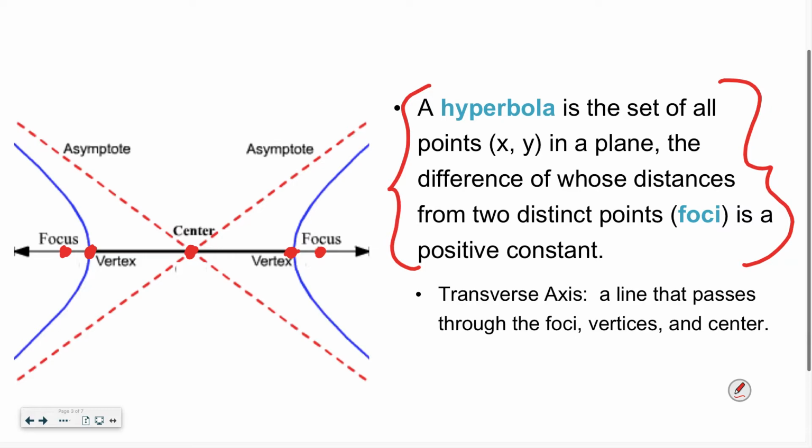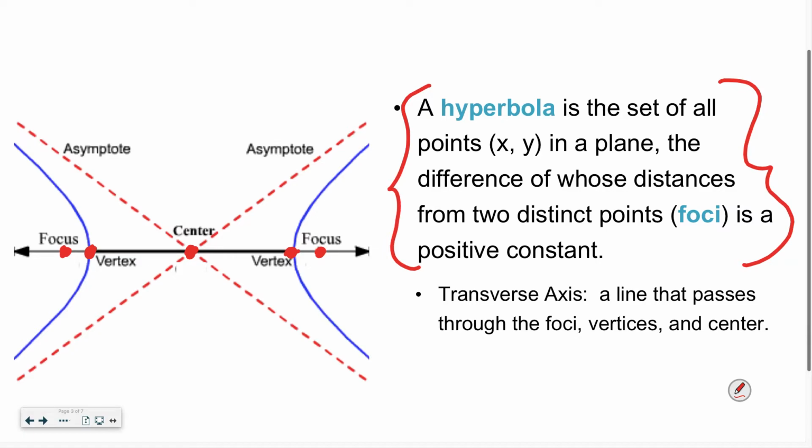I also have a note down here about the transverse axis. I'm probably not going to call it that, but you'll see it referred to that in your book. But notice how this hyperbola up here, it opens in the horizontal direction. And from the center, both vertices and both foci are horizontal from the center. Okay, we have a horizontal hyperbola because the transverse axis, what goes through the foci, the center, and the vertices, is horizontal.